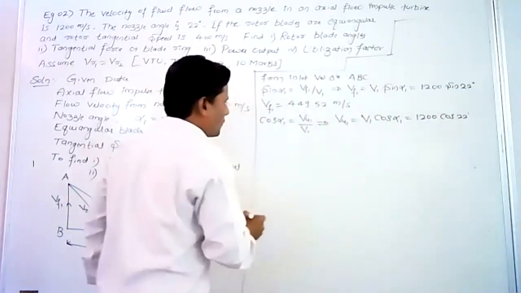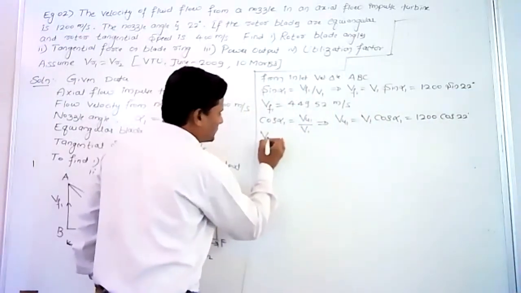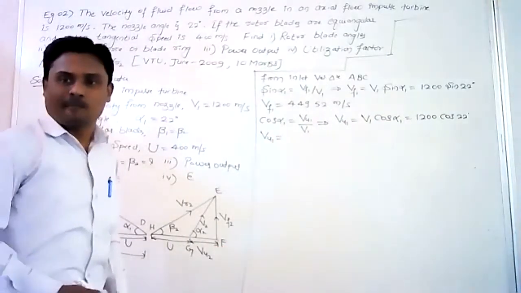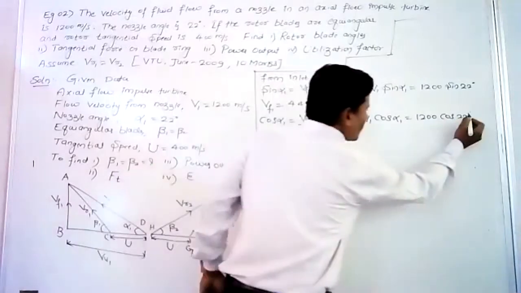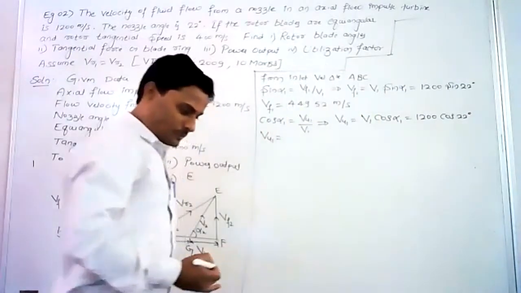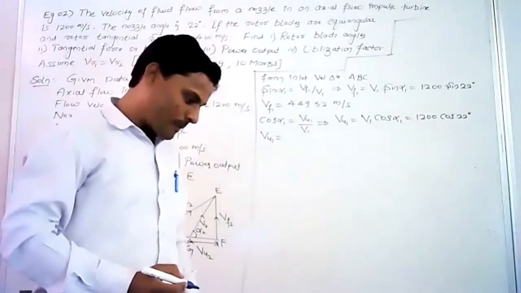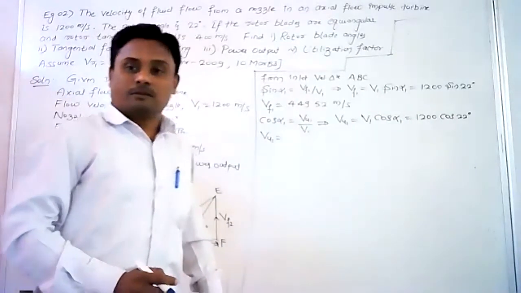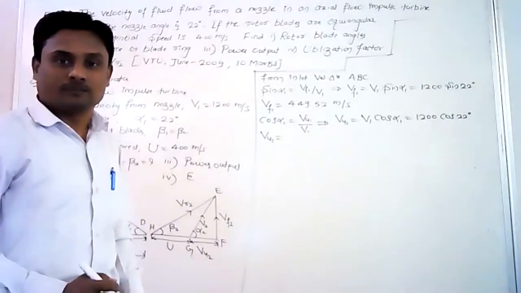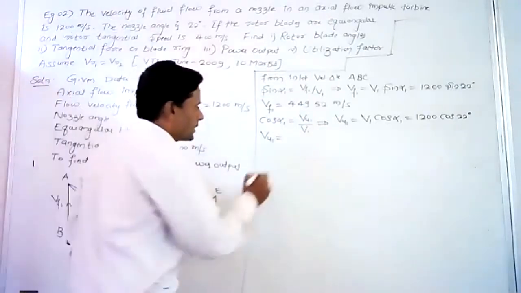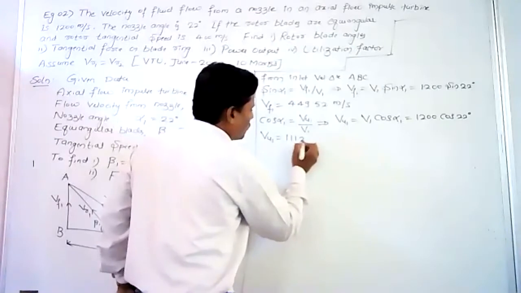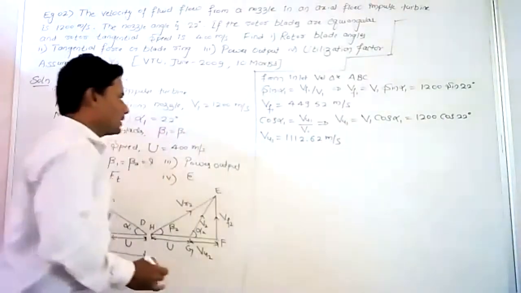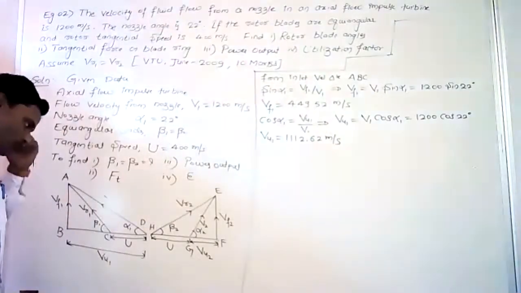So VU1 equals 1112.62 meter per second. So VU1 and Vf1, you got both the values.